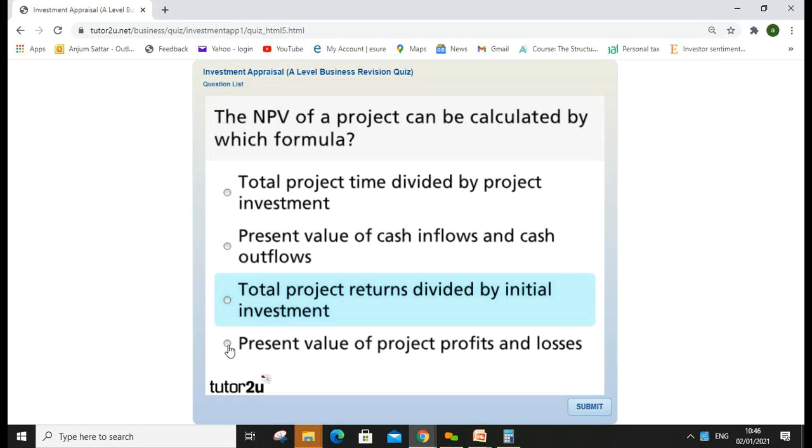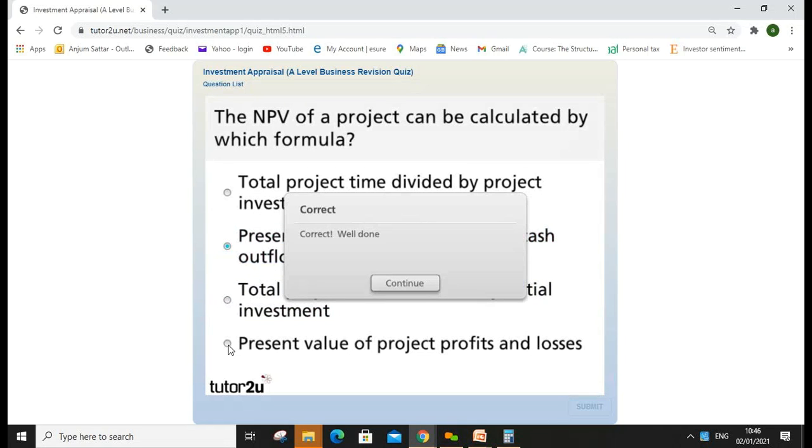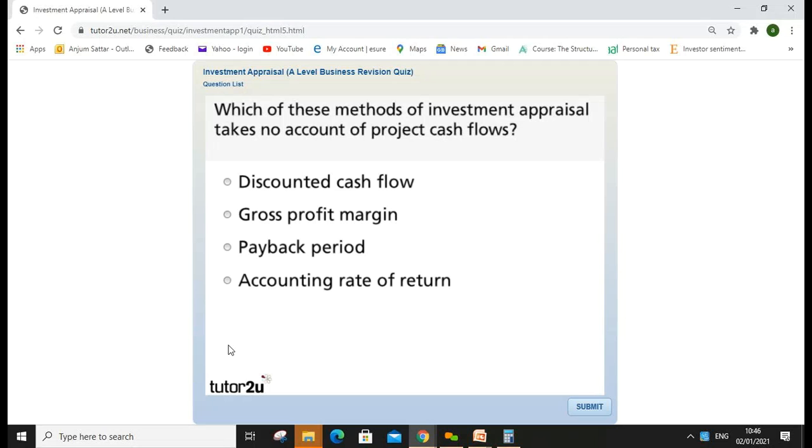Or the project return divided by initial investment, or the present value of the project profit and loss. What do you think? Which one? A, B, C, or D? Well done, B is correct.